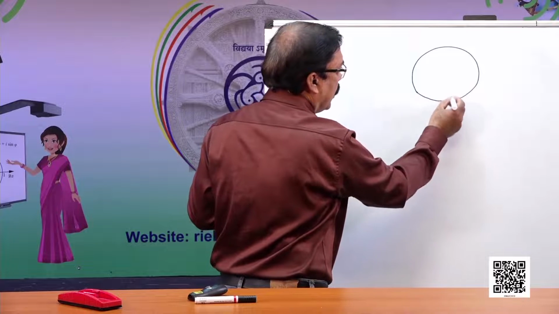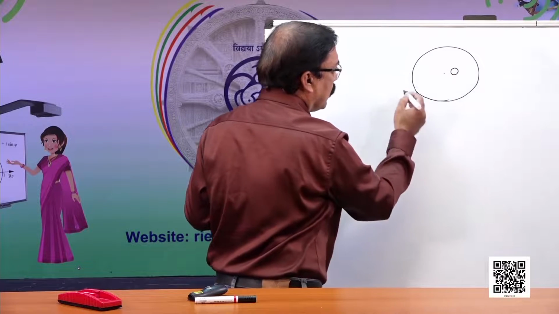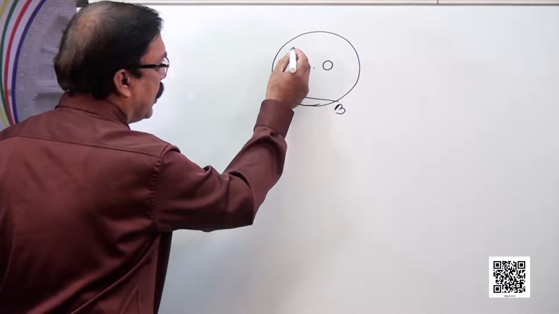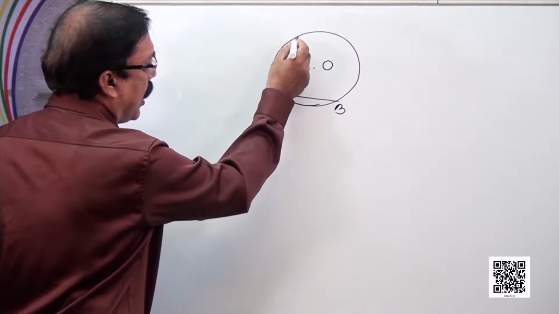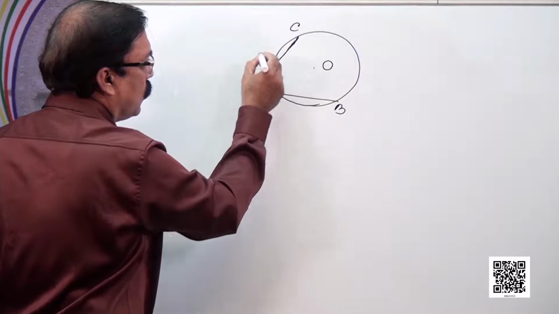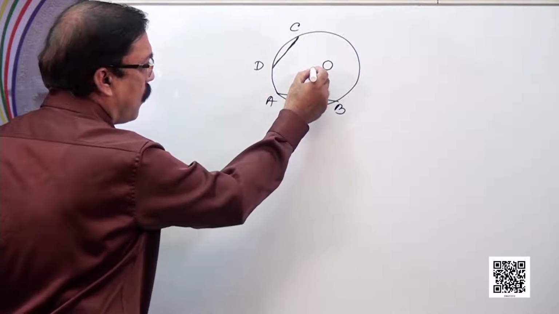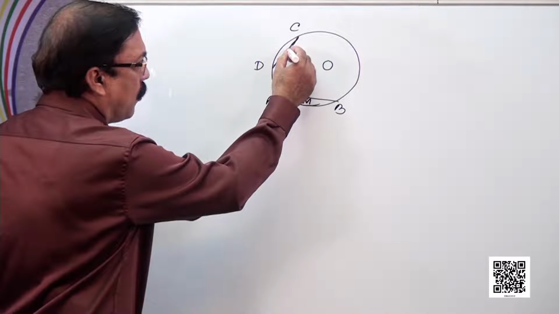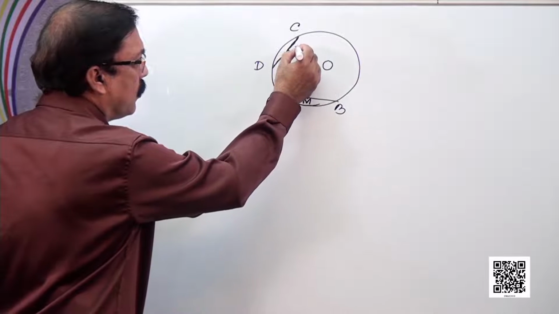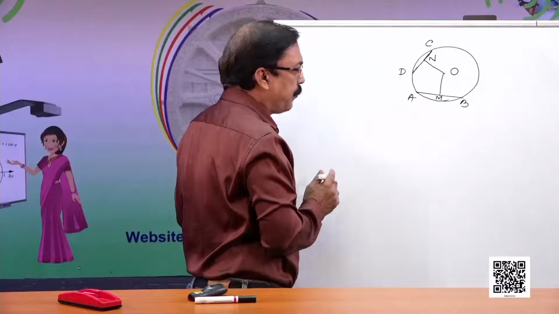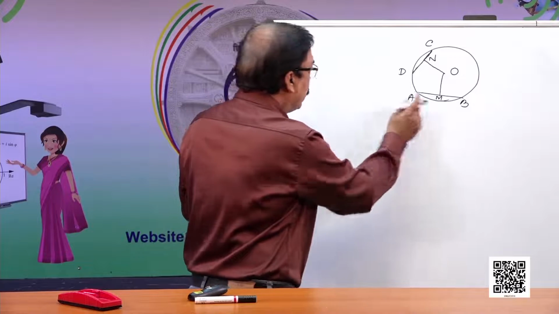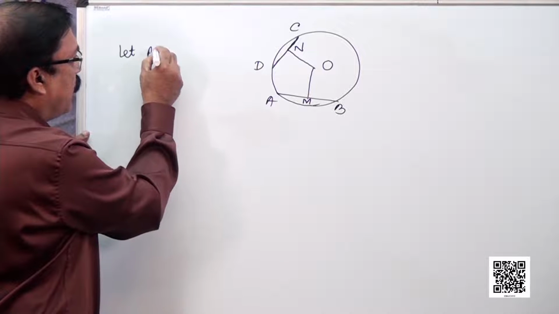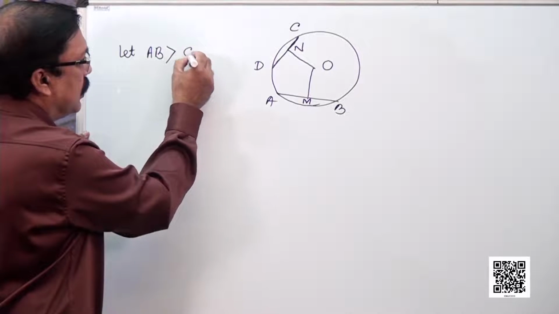Here is a circle with center O, and let AB and CD be two chords. OM is perpendicular to AB and ON is perpendicular to CD. Let the longer chord be AB, so AB is greater than CD.